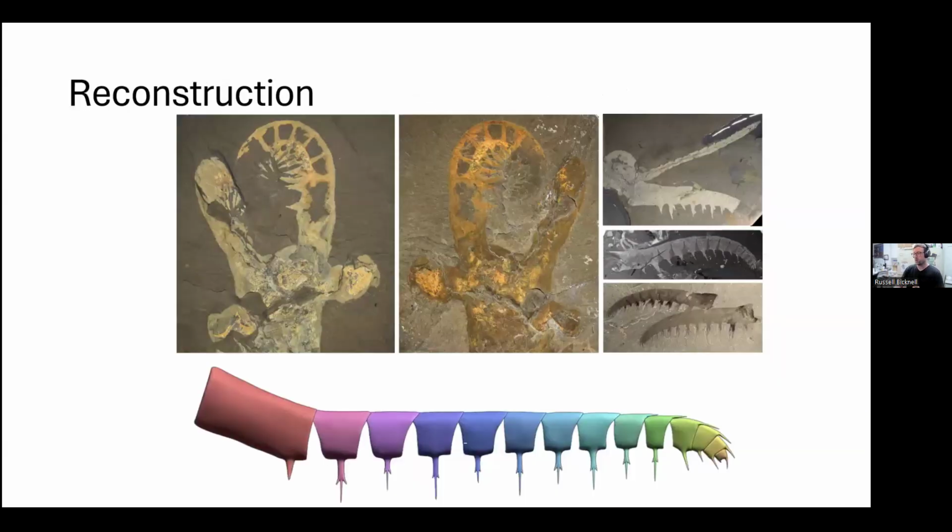So we need to reconstruct our animal first and foremost because we're looking at the Burgess Shale once again. This deposit is not ideal for scanning material. It is too compacted. The carbonized fossils do not have enough density difference between the rock themselves and the fossil for them to get any kind of information out of a scan.